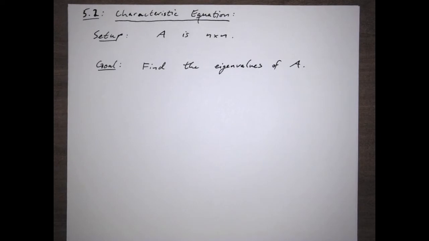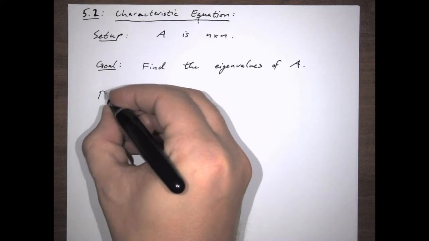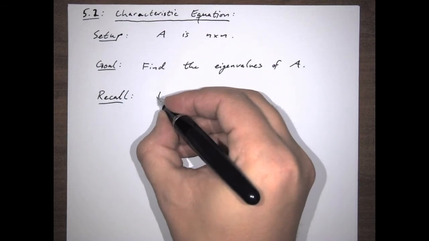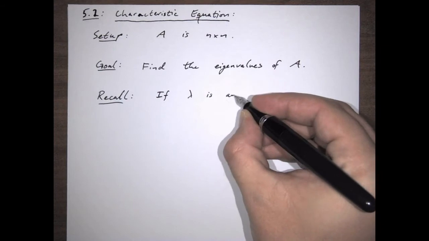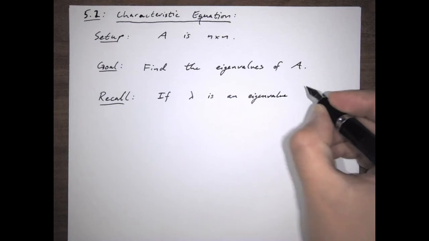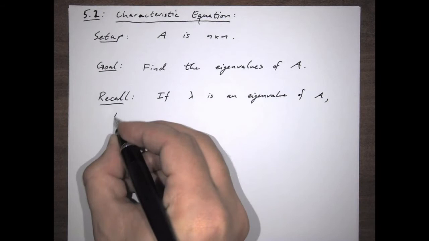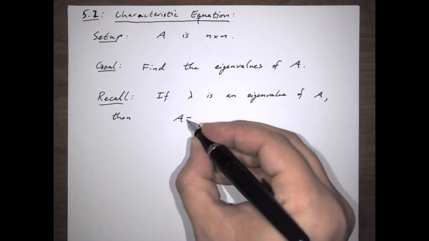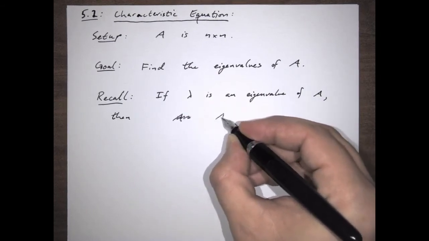Well, let's think about what that would mean. Recall, if lambda is an eigenvalue of A, then, let's actually go down the chain of reasoning again. You can't write it too many times. It's always good for you.